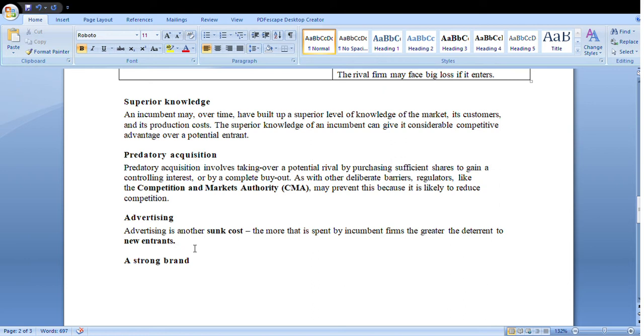You have heard the name General Motors, the American car manufacturing company. This automobile company spends almost $4 billion annually on advertising. Why this big fund? To attract customers. When a firm makes huge advertising, it acts as a barrier for new firms to enter the market. Advertising builds strong brand loyalty. All of this creates barriers for new firms to enter into the market.